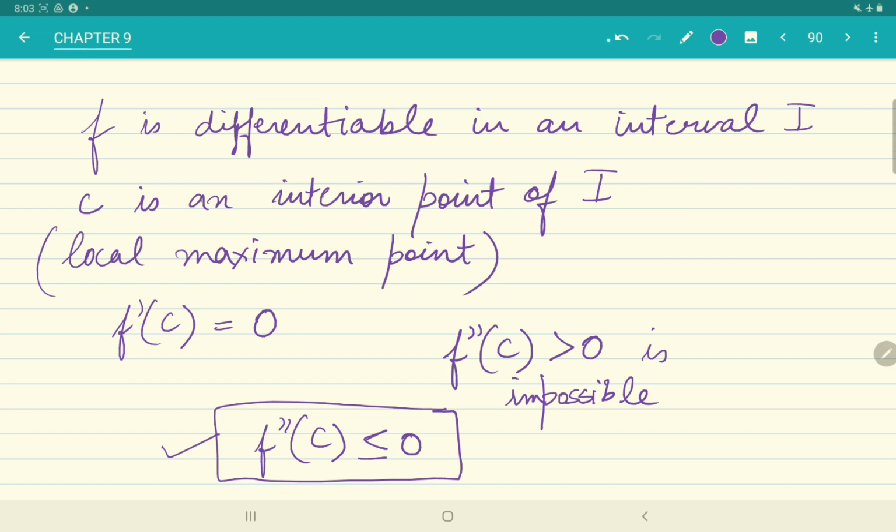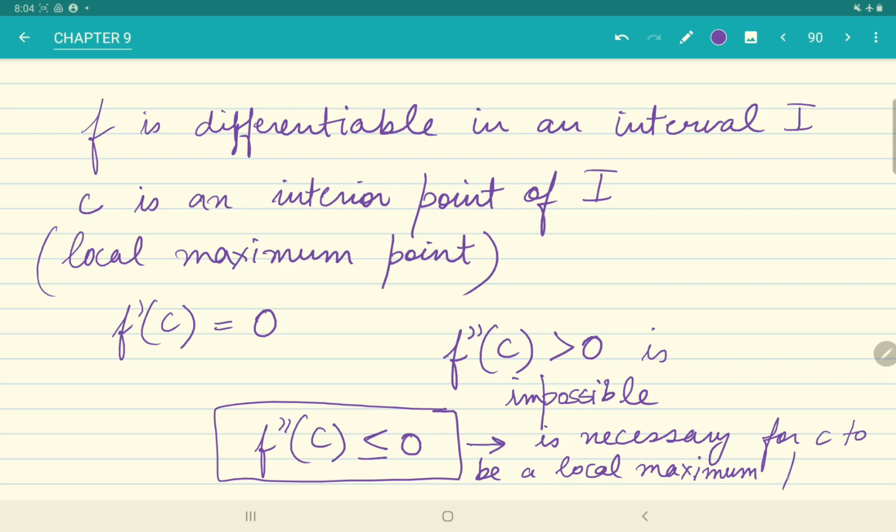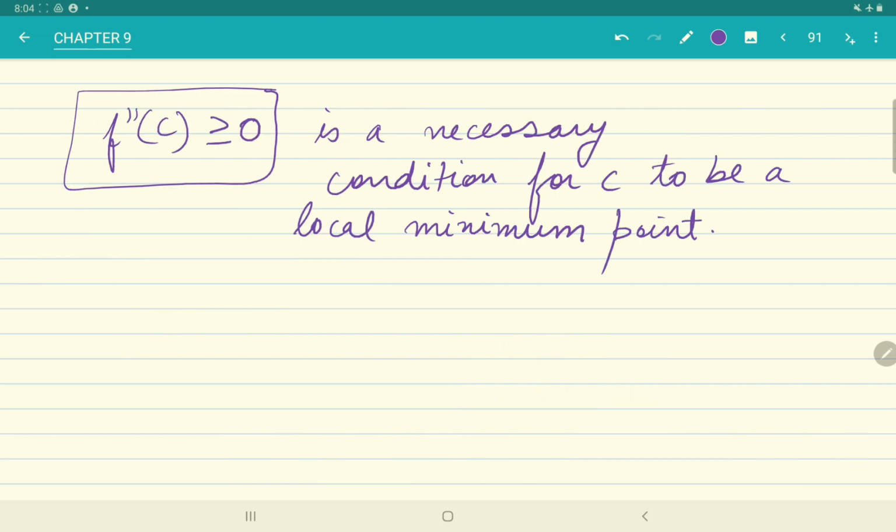And that means I can say that this is necessary for c to be a local maximum point. So I can then write this case.